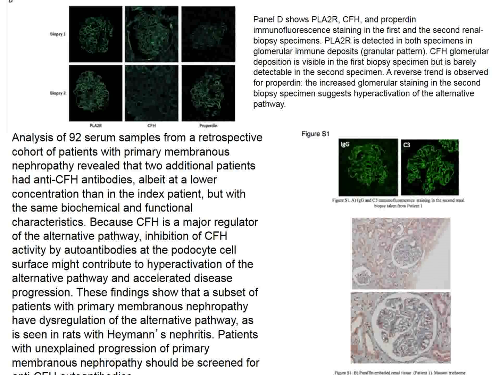The investigators looked at a 92-patient cohort with membranous nephropathy and discovered antibodies against complement factor H in numerous patients. The implication is that since we can address complement factors therapeutically, we might have another option to deal with patients that have membranous nephropathy.